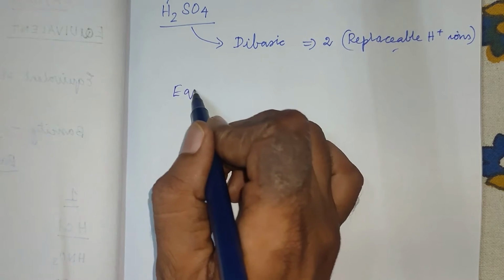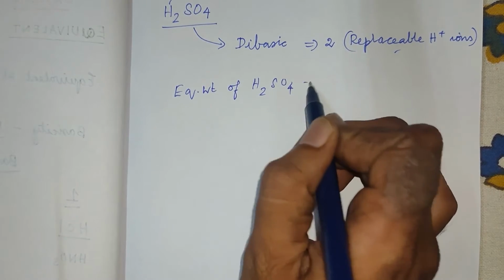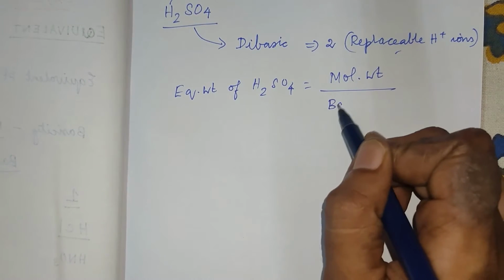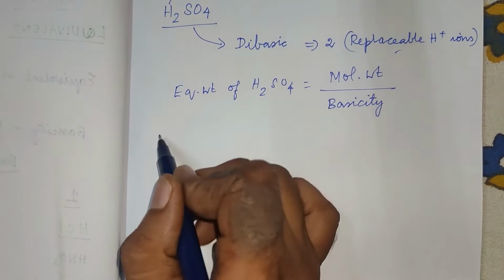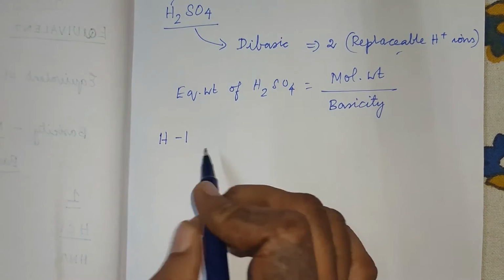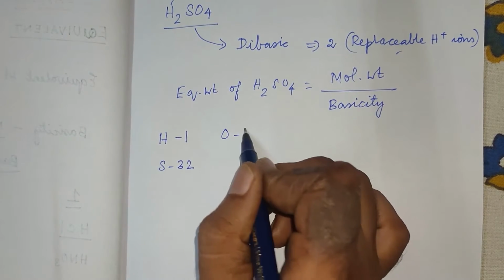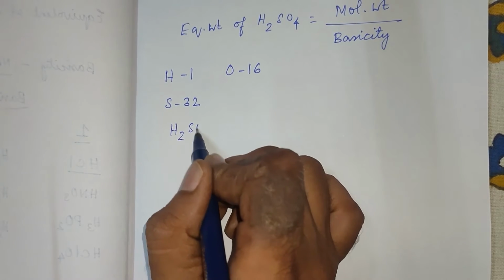Equivalent weight of sulfuric acid is equal to molecular weight of sulfuric acid divided by its basicity. Now I am going to calculate the molecular weight of sulfuric acid. For hydrogen, it is going to be 1. For sulfur, it is going to be 32. And for oxygen, it is going to be 16. So its formula is H2SO4.